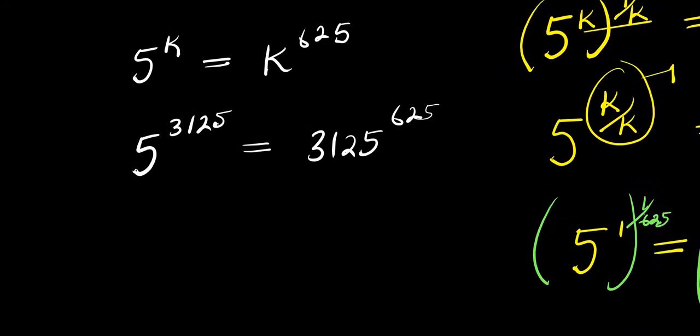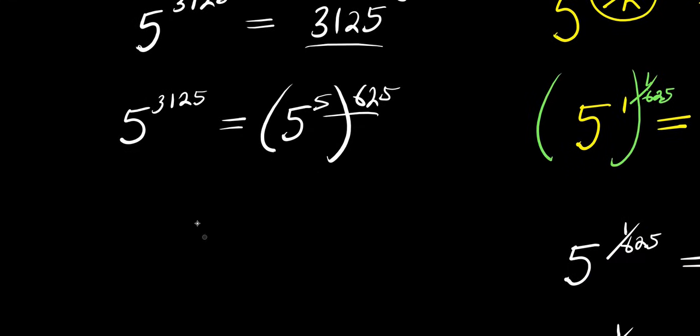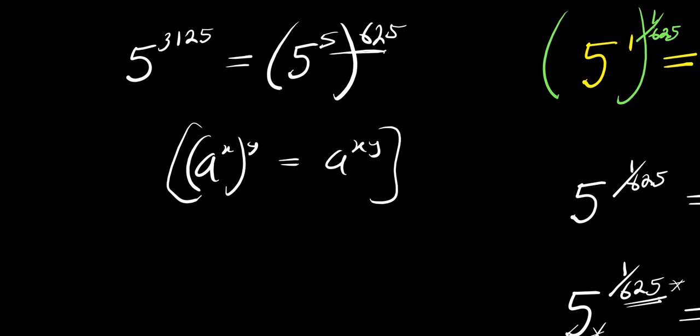So from here, I can have 5 to the power of 3125 equals 3125, which is the same as having 5 to the power of 5, just like what we have done earlier on. And this is raised to the power of 625. So we can decide to multiply this exponent. Remember, a to the power of x raised to the power of y equals a to the power of x times y. So we multiply this, we have 5 times 625 now. And this is 625 times 5.